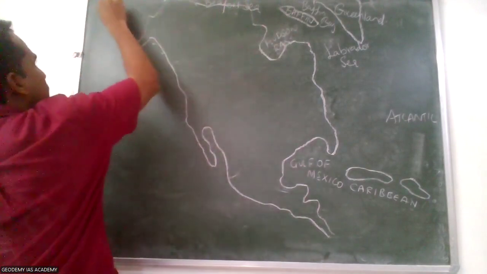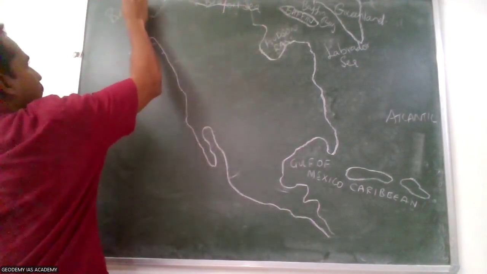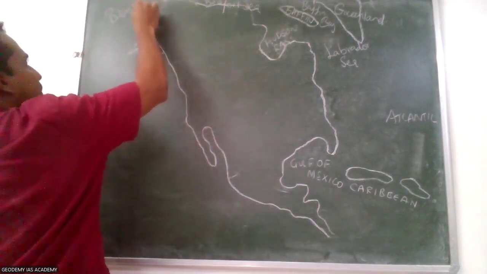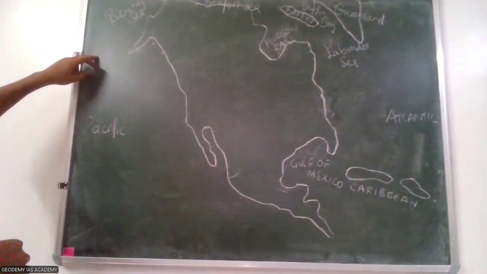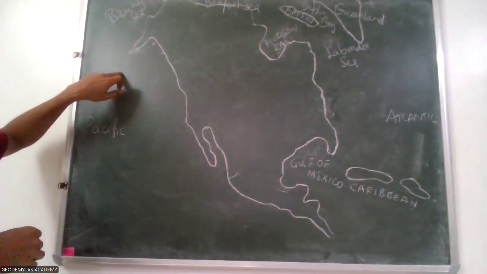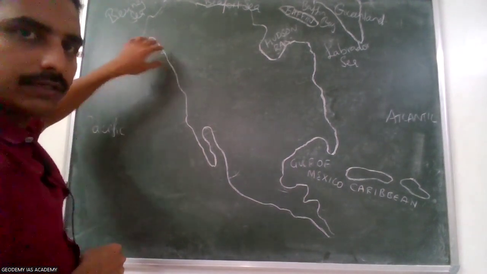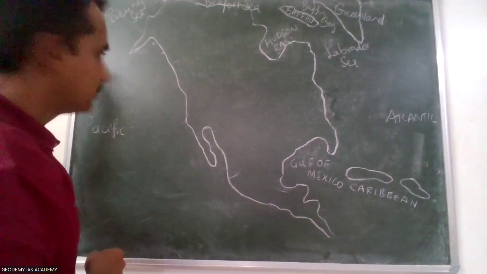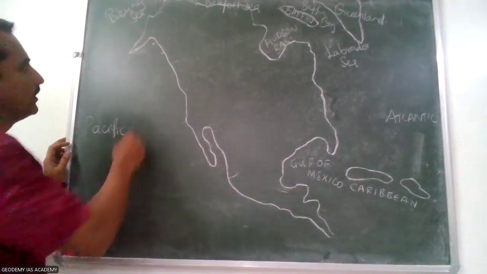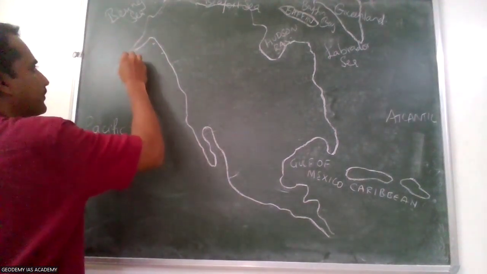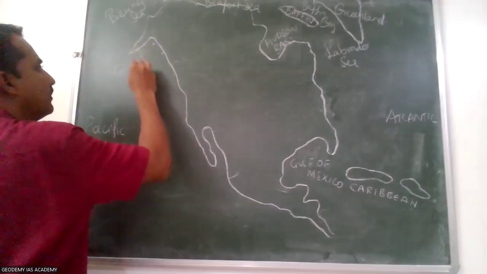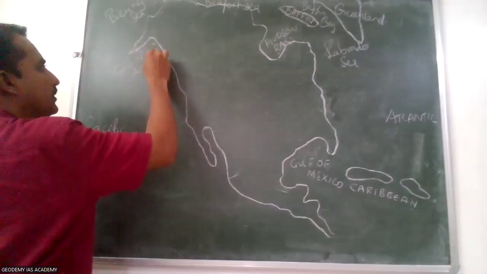And here the Bering Sea. Between Alaska and the Aleutian Islands, here is the Bering Strait, and the Bering Strait divides North America and Russia in the west. And here Gulf of Alaska. Alaska is an important part.